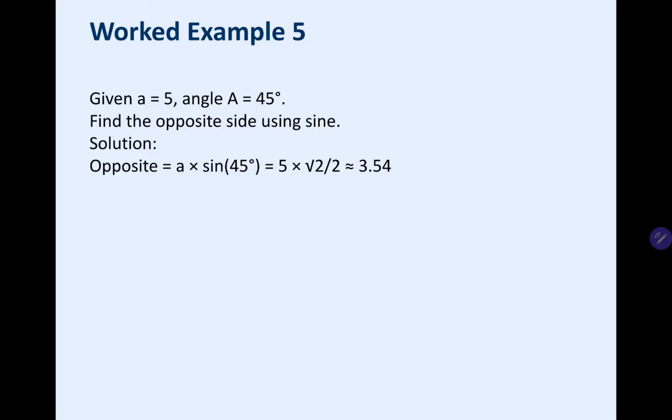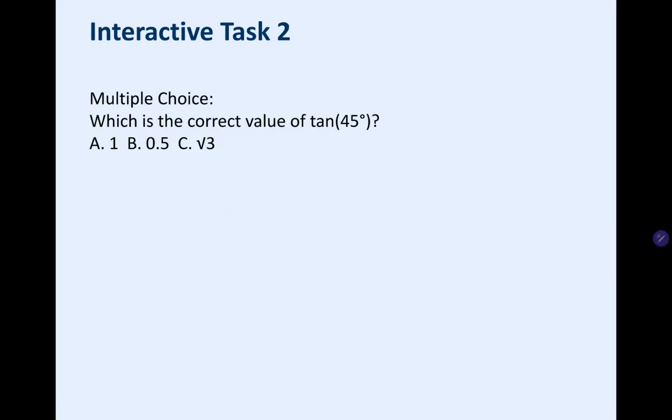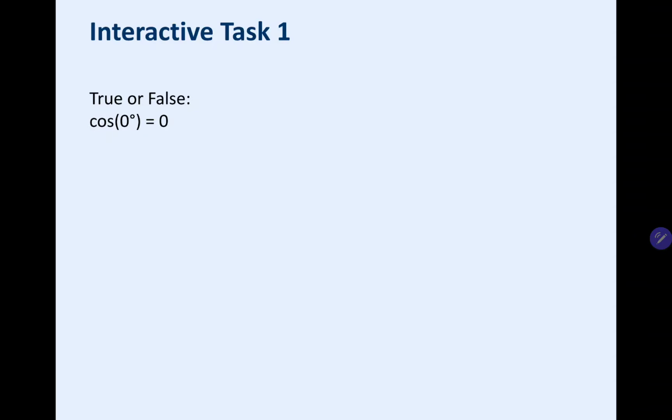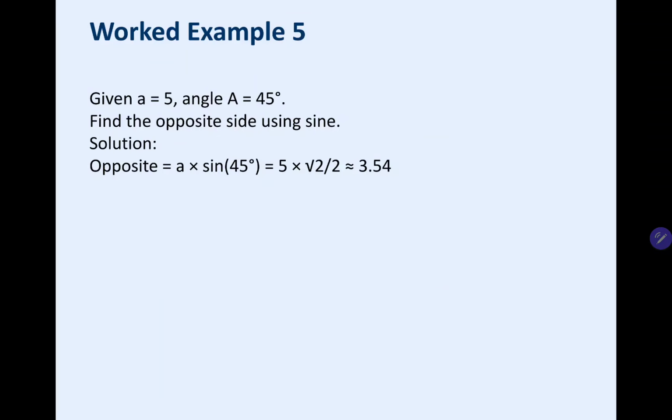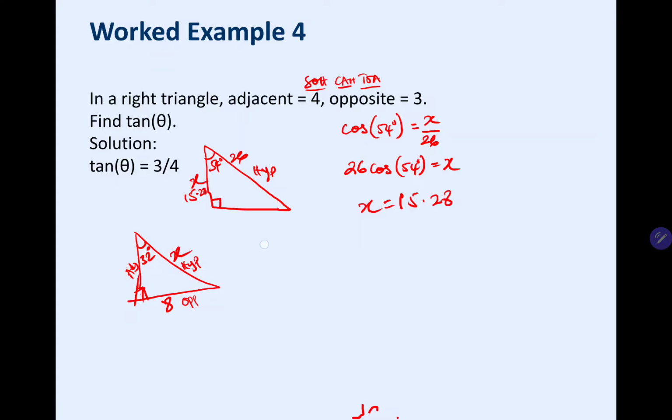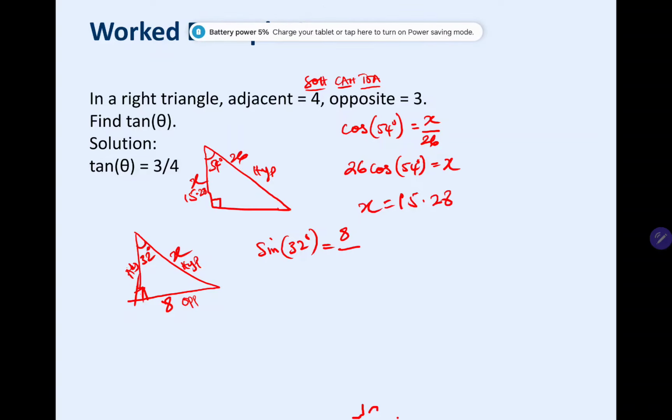So if we were to use the sine function, we'll have sine 32 degrees is equal to opposite over hypotenuse, and the opposite here is 8 over the hypotenuse, which is x.